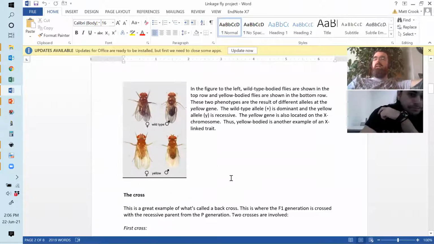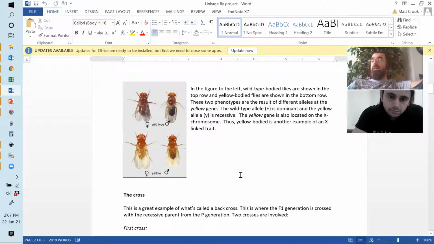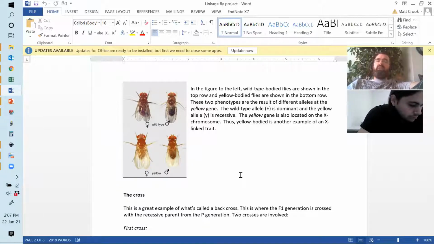We also have another trait encoded by a single gene on the X chromosome, a pigmentation trait. We'll look at this in more depth. This is the yellow gene, or the body color trait. We'll go into the molecular biology and bioinformatics of this in considerable detail after we finish this linkage experiment, so this is also an introduction for that.